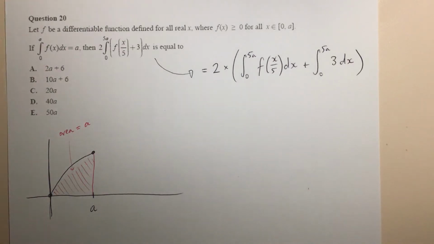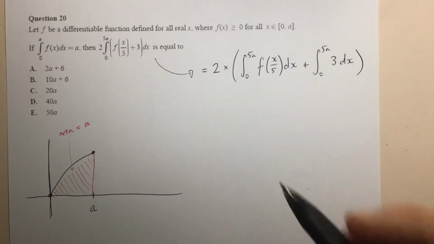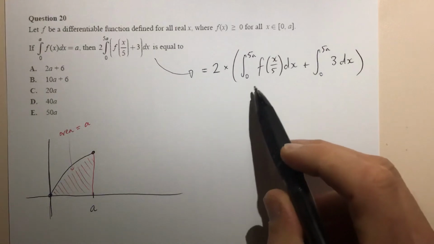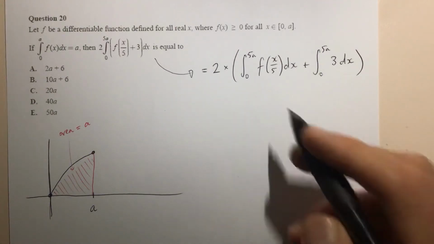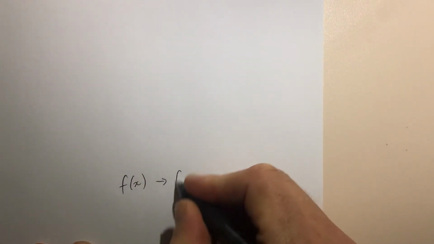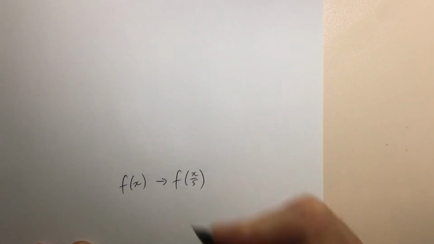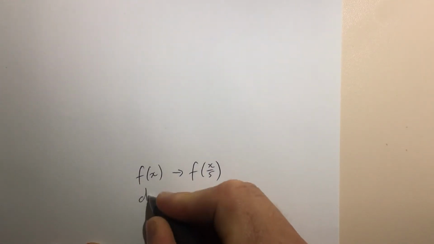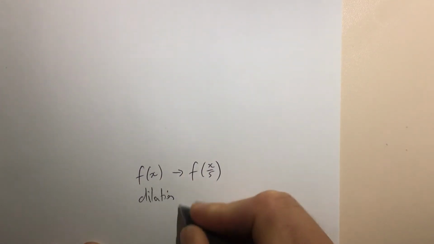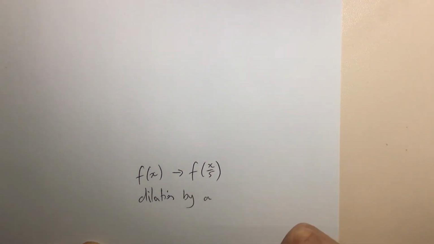With our transformations, we know that when a function goes from f of x to f of x on 5, that really is a dilation away from the y-axis.